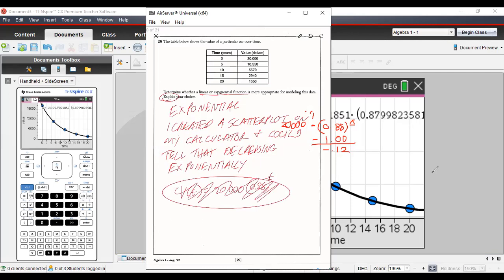You don't need to put this, and probably I shouldn't have done that. If you just say, I created a scatter plot and I could see that it was exponential, it wasn't a straight line, not straight, so that's why I know it was exponential. Boom, we're done. Now, if you do have the exponential equation and you want to throw that in, go ahead, but you've got to make sure you got it right, because if you put some mistakes in there, they might take off a point.